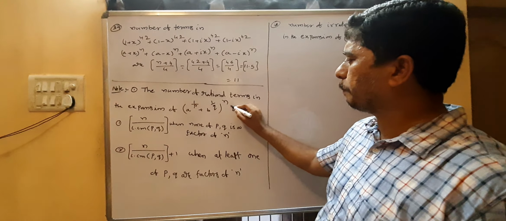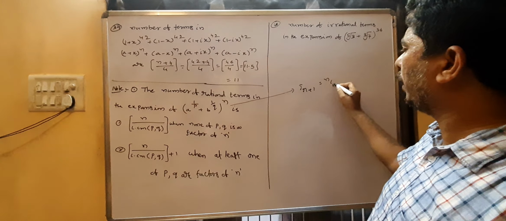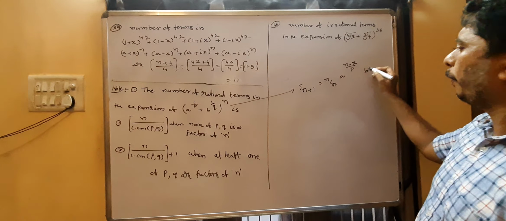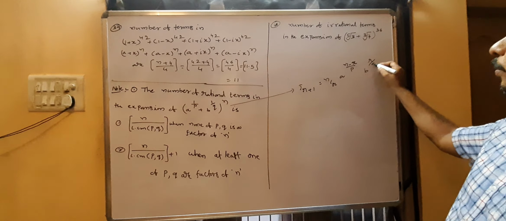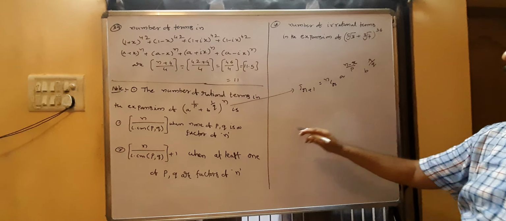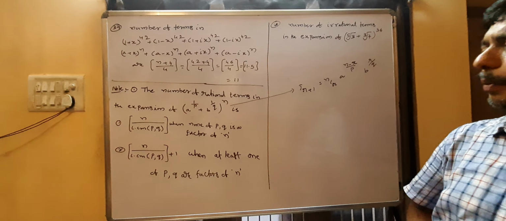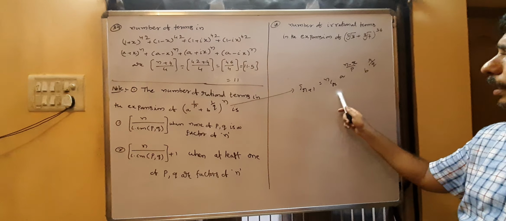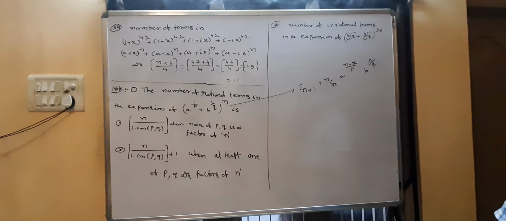So in this expansion, the general term T(r+1) is nCr, a^((n-r)/p), b^(r/q). General term in the expansion of (a^(1/p) + b^(1/q))^n is T(r+1) = nCr a^((n-r)/p) b^(r/q).